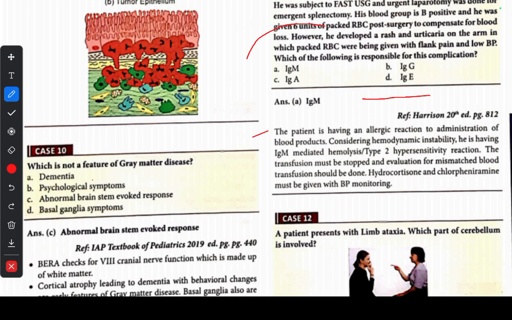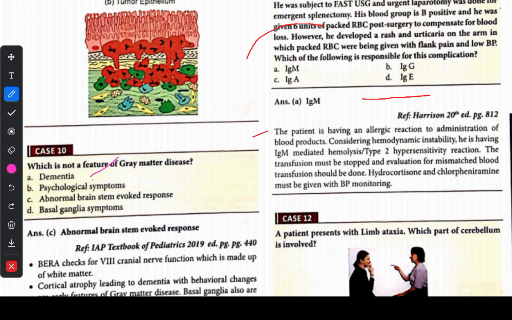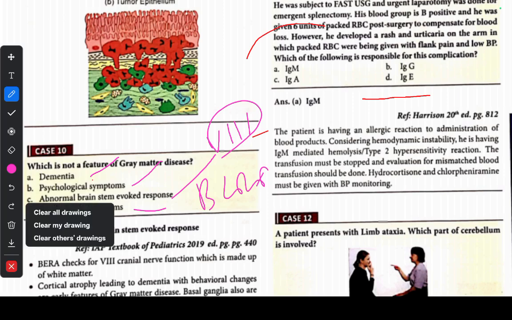See here, this is gray only. This is the beta test. In ENT you will do the beta test, testing for your 8th cranial nerve. This nerve is a collection of axons, so it is going to your white matter. Okay, that's it, very easy.